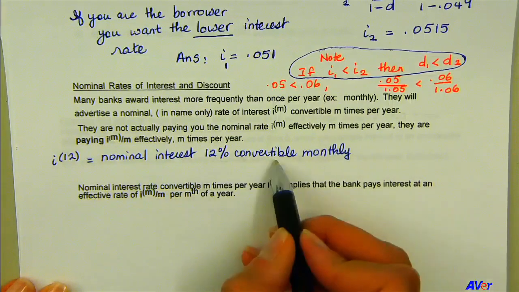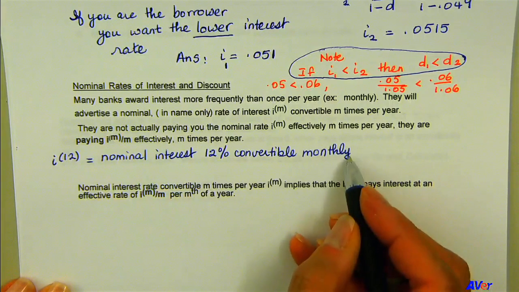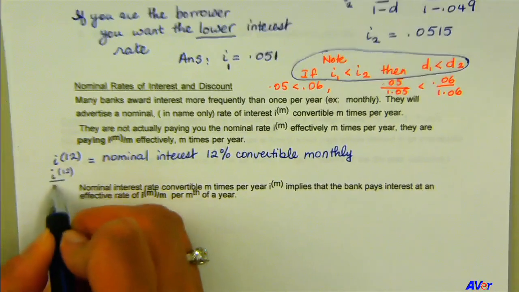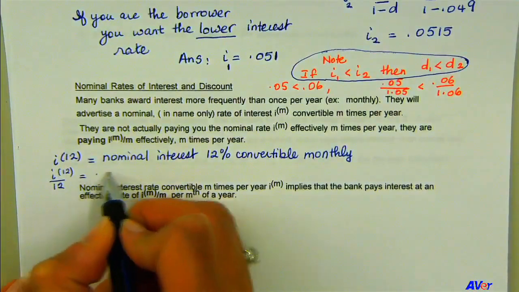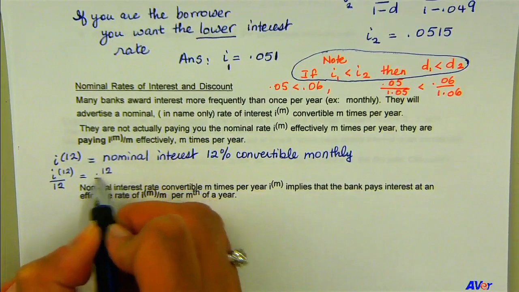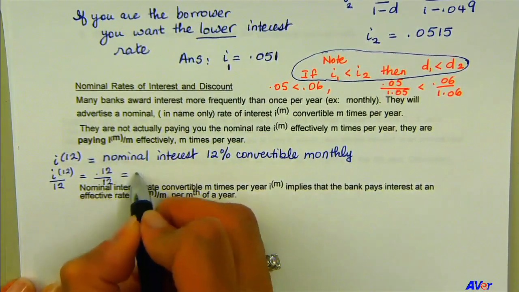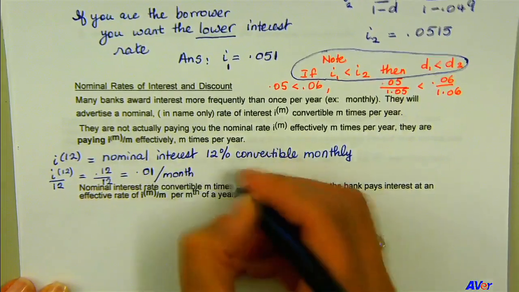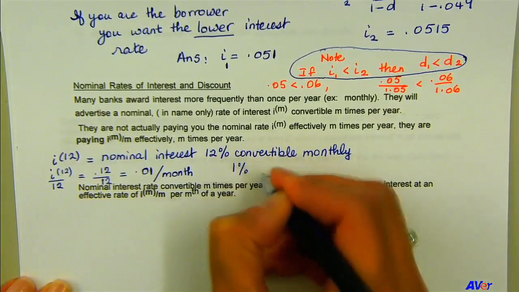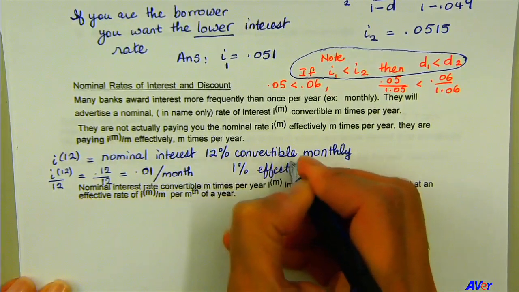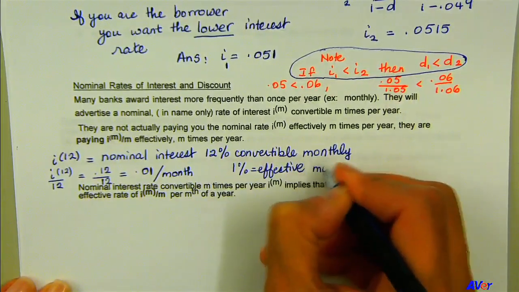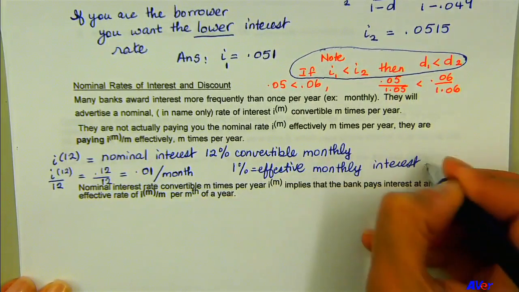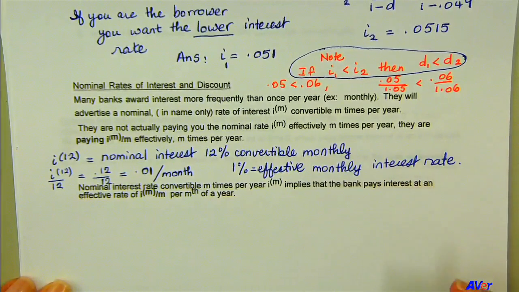That means that i^(12) over 12, which is 0.12 over 12, is equal to 0.01 per month. So 1% is the effective monthly interest rate. Are you with me?